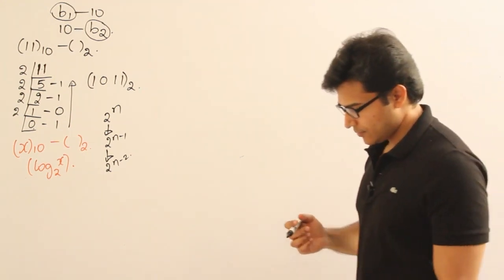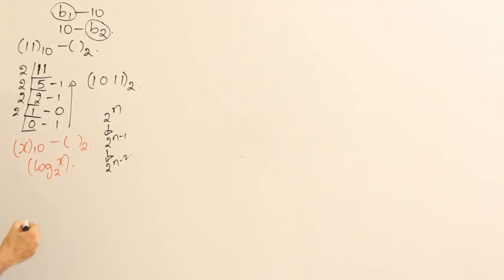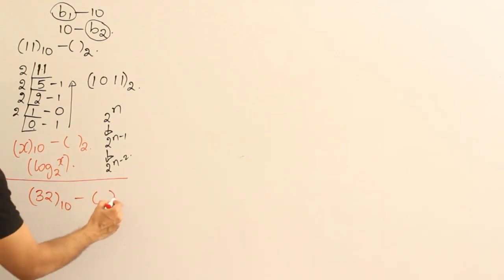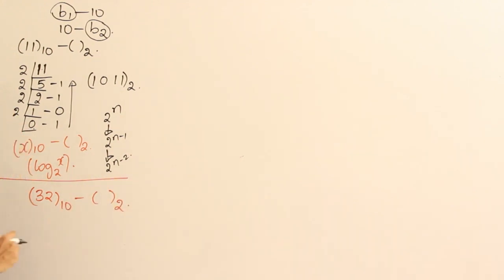So let me tell you how big it will be if you have some number like this. If the question is given like this, the given number is 32 in base 10 and you are supposed to find what the number is in base 2, then I'll use the same method.